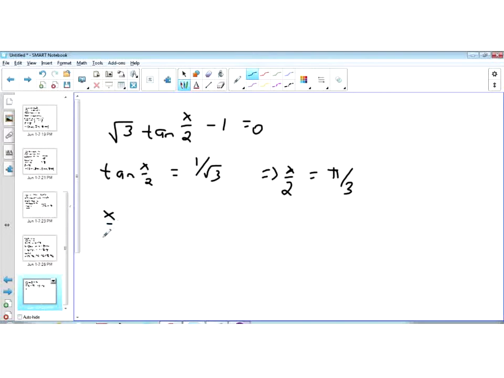So, based on the periodic extension, we require that x over 2 is equal to pi thirds plus n pi, excuse me, because the period of the tangent function is pi. And so x is equal to 2 pi over 3 plus 2n pi.